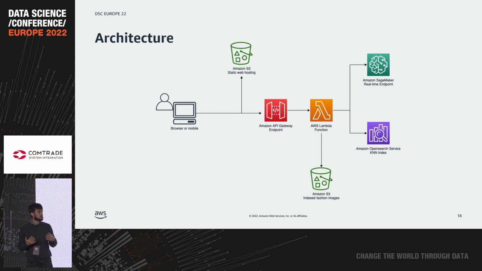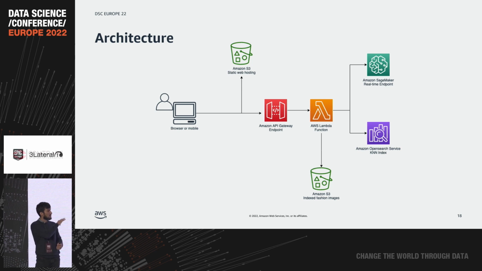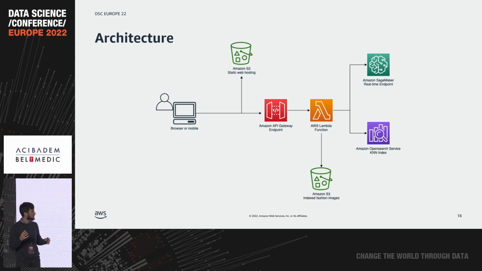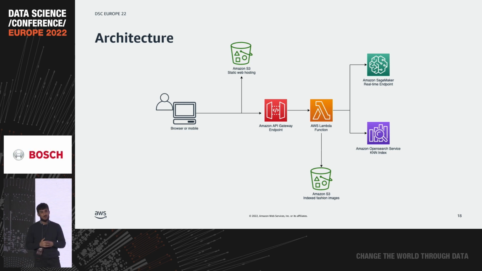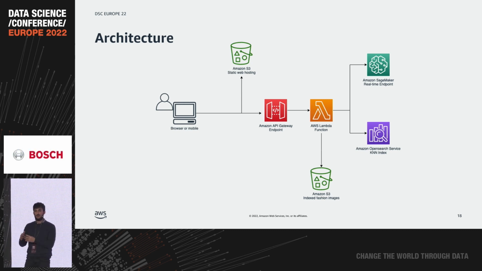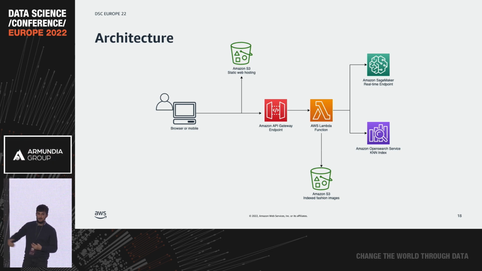There can be a series of ways in which you can upload an image to find the most similar ones. And when you upload that image, that could trigger an API call that we can configure with Amazon API Gateway in order to connect to our backend. And our backend is going to do the heavy work for us in order to find the similar images and return them back to the user.